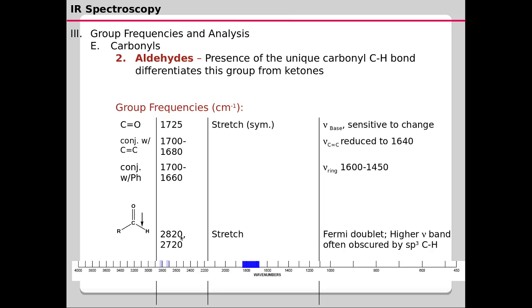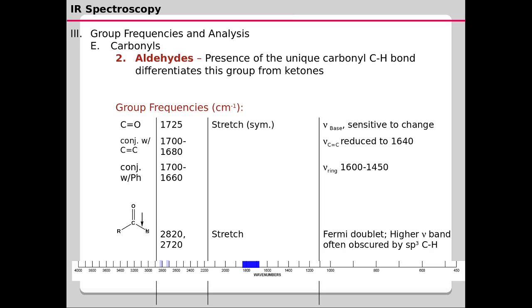So the double of the fundamental frequency of the bending vibration is called the first overtone. The first overtone of the bending vibration happens at 2780 cm⁻¹, which is exactly where the fundamental stretching vibration of the carbon-hydrogen bond lies.